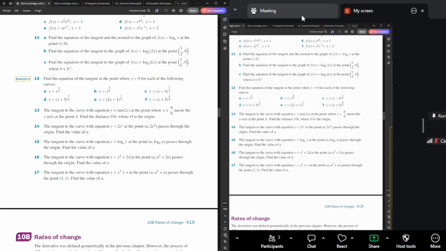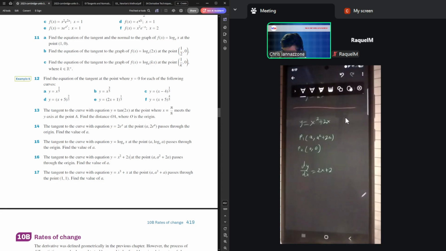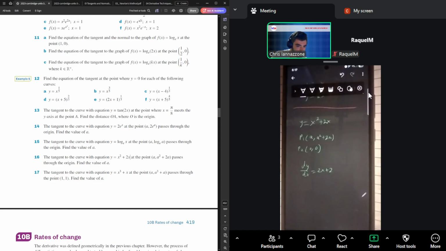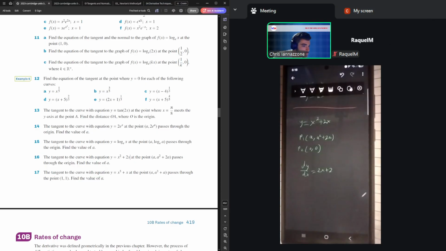Cool. Okay, so I was writing out the derivative. Now that we have our derivative, it's not so much just finding the derivative, but the whole point was to get gradient information. More specifically, the gradient at the point, which is going to be generic with a's involved. So we had the point a, a squared plus 2a.